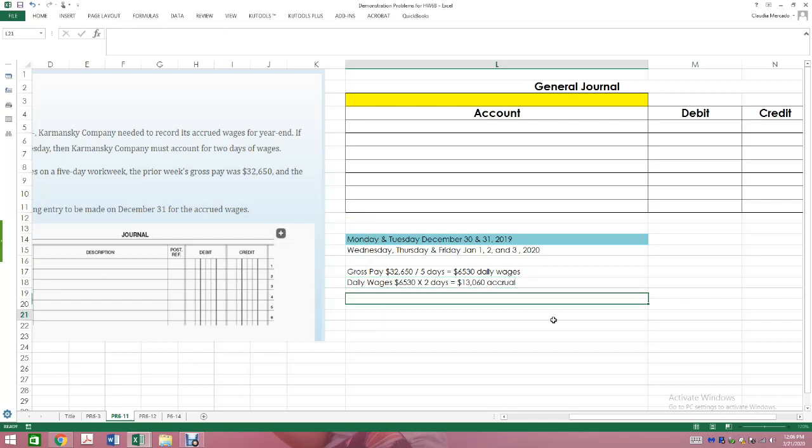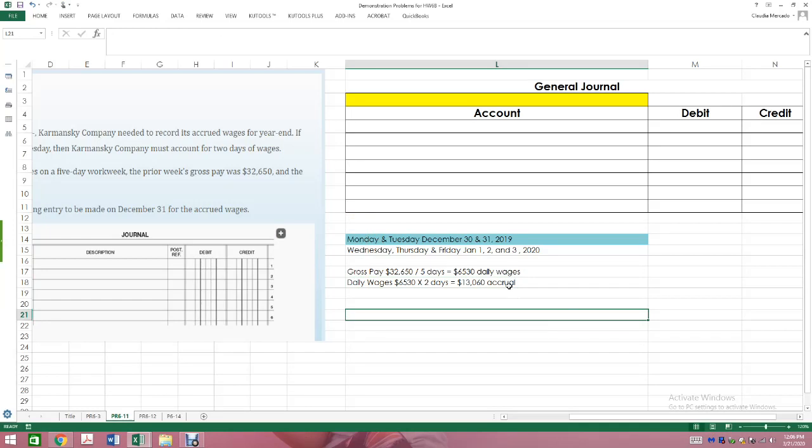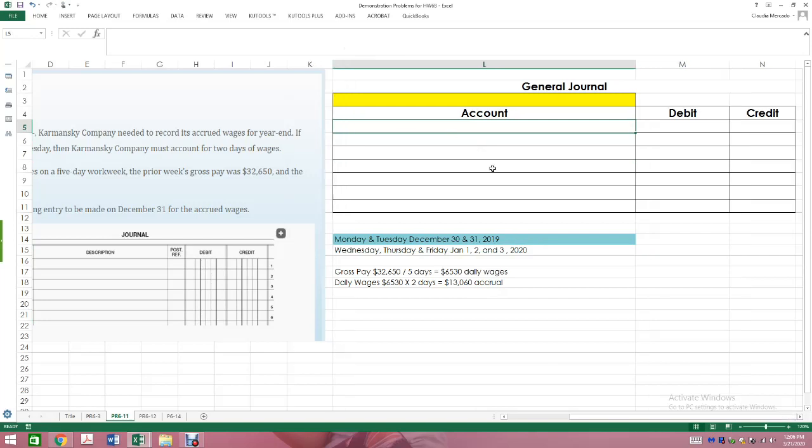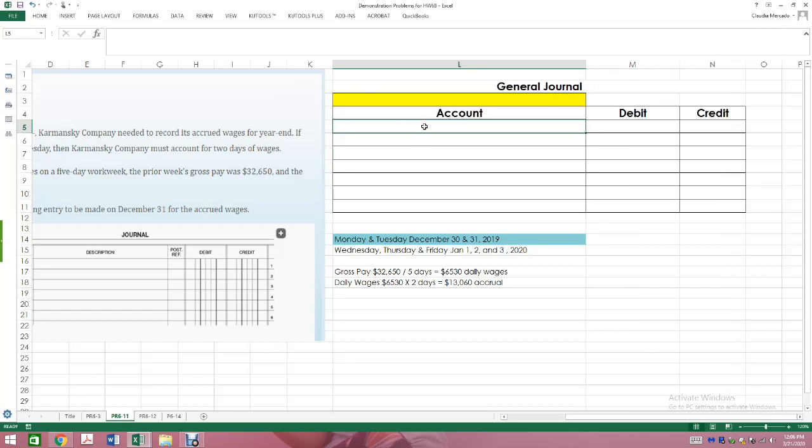I need to put that money aside for when we pay our employees in 2020, but that expense for the wages of $13,060 needs to be recorded in 2019. So the entry to record this accrual would be: we would debit wages expense, and this represents the amount of actual work performed in 2019, which we calculated to be $13,060.